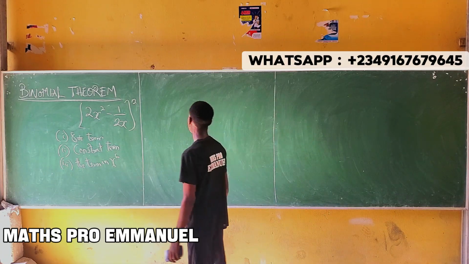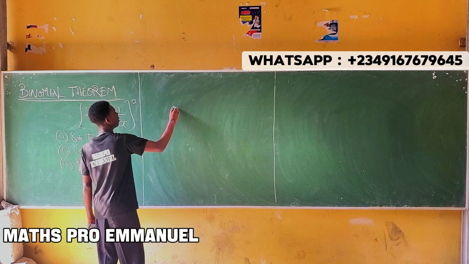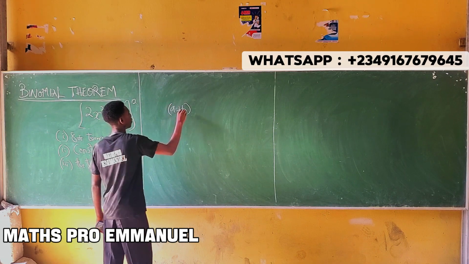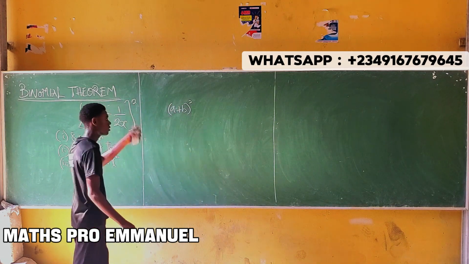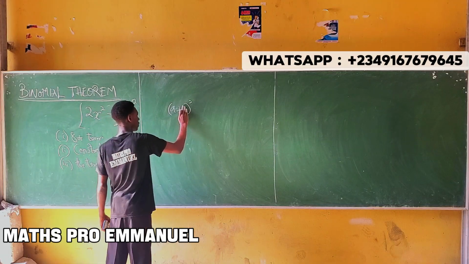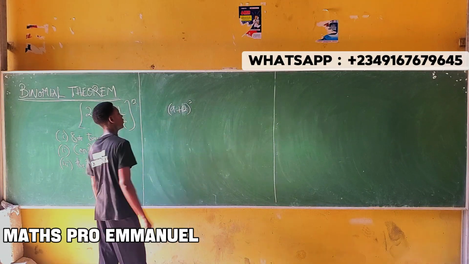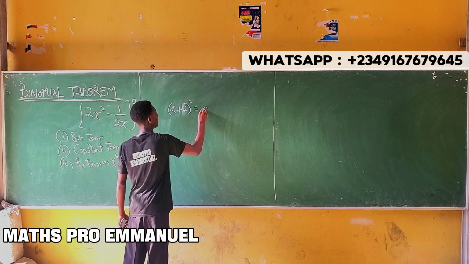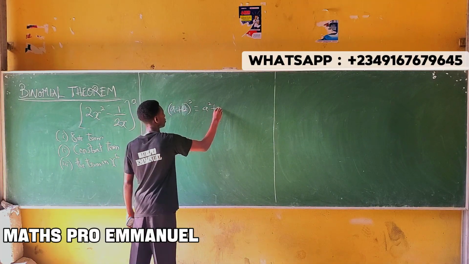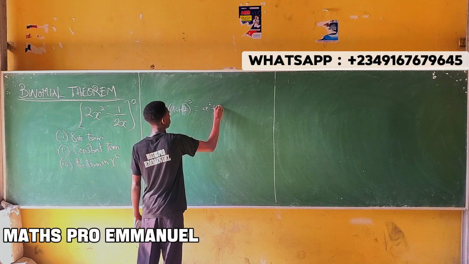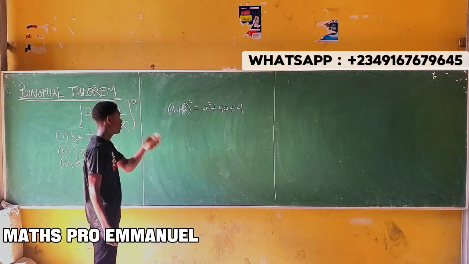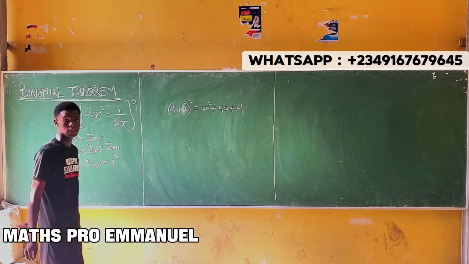For example, I'm asked to expand a plus 2, all raised to the power of 2. If I expand this, my result will just be a squared plus 4a plus 4. That's the result. If you expand it, this will be your answer.